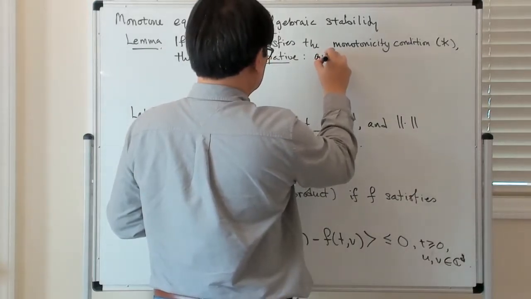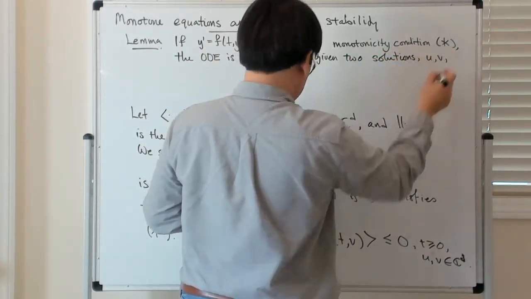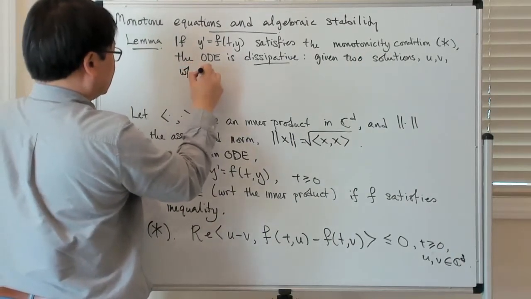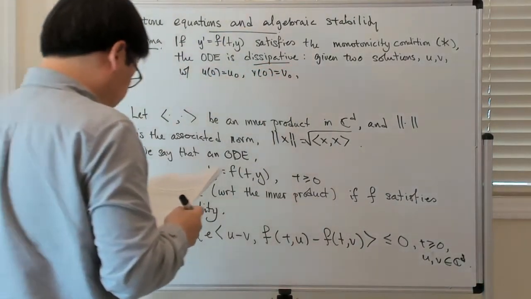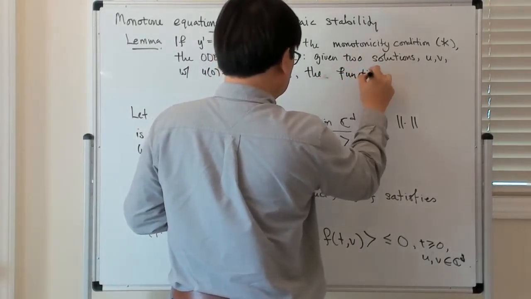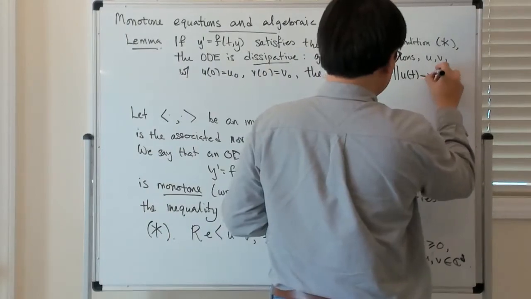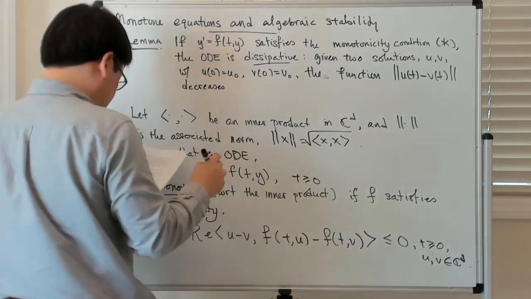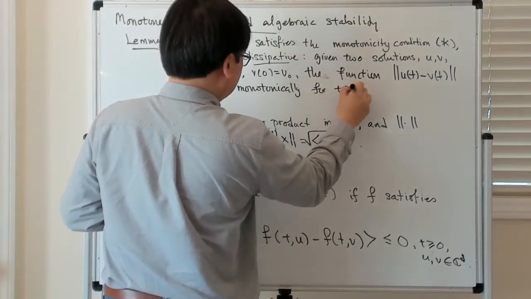Given two solutions, u and v, say with different initial conditions, with u at 0 being u0 and v at 0 being v0, the function which measures the distance between the two solutions at a given time decreases monotonically for t greater than or equal to 0.